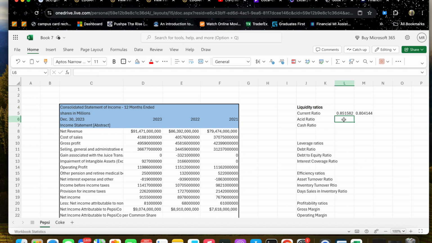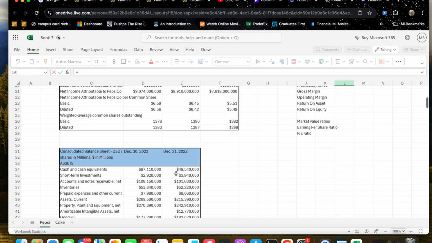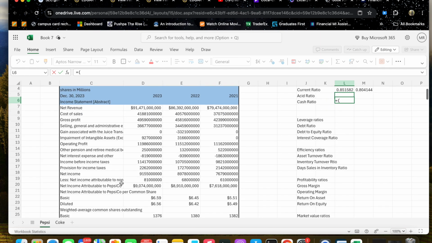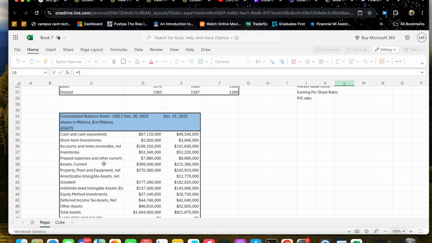So we are quite done with our current ratio, and now we are going to do the acid test ratio. The acid test ratio is simply the current assets minus the inventories divided by the current liabilities.